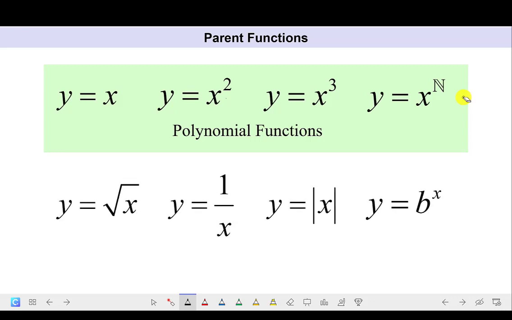But some of the other functions we've done this year, we've played with the square root function, rational functions, absolute value functions, and exponential functions. And these exponential functions we, of course, have played with as far as finding growth and decay and things like that. But one thing we haven't done is show how to isolate a variable.